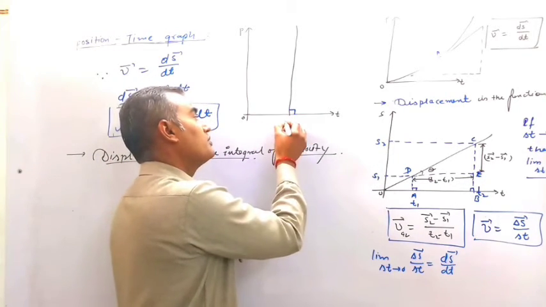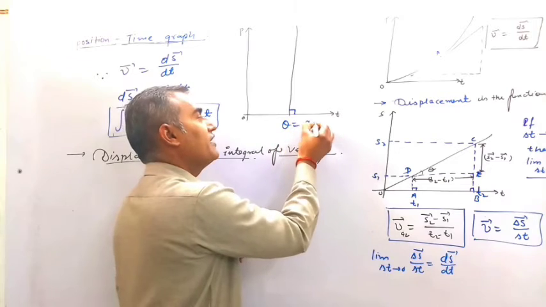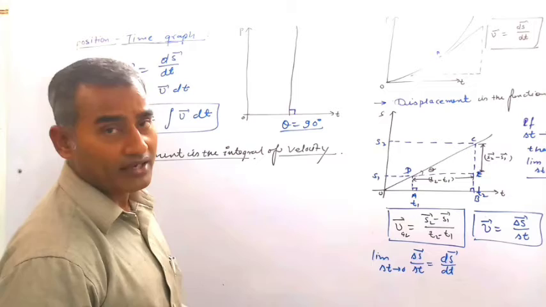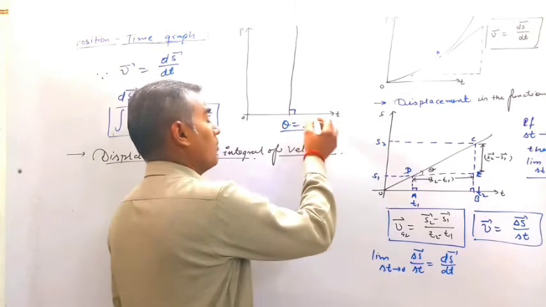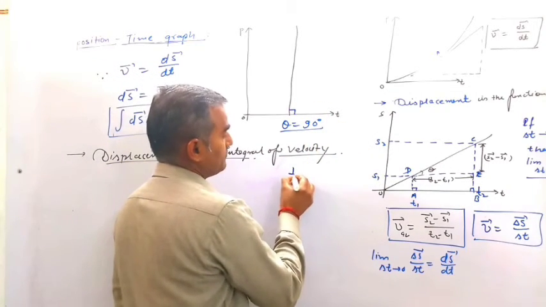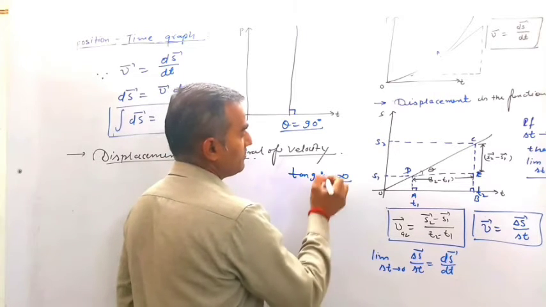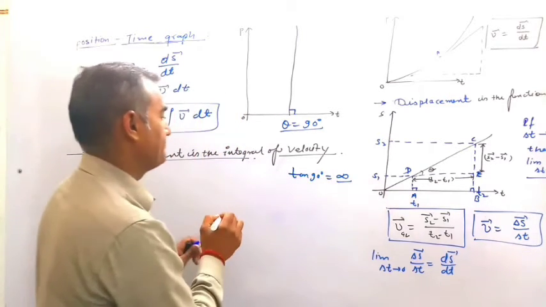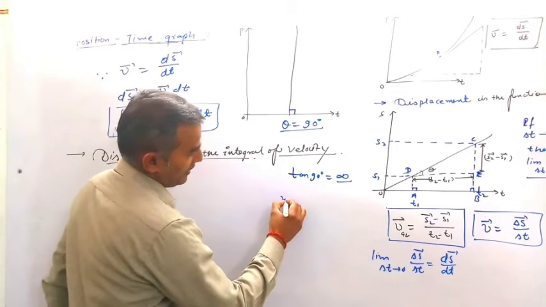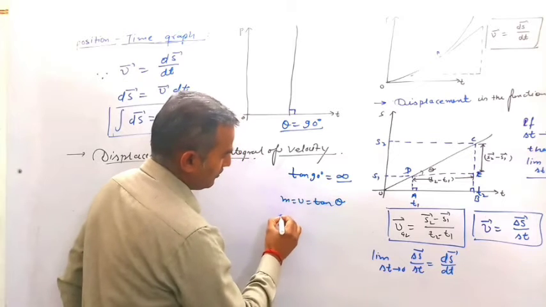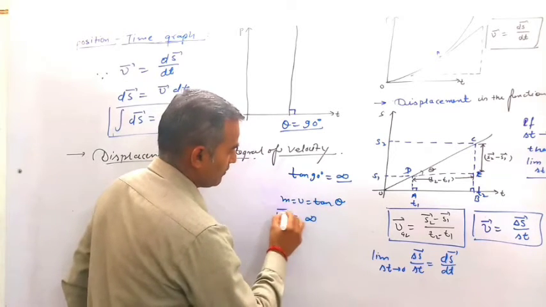Here the slope theta is 90 degrees. But what is the value of tan 90? Tan 90 is equal to infinite. And you know that m equal to v equal to tan theta. Then v is equal to infinite.